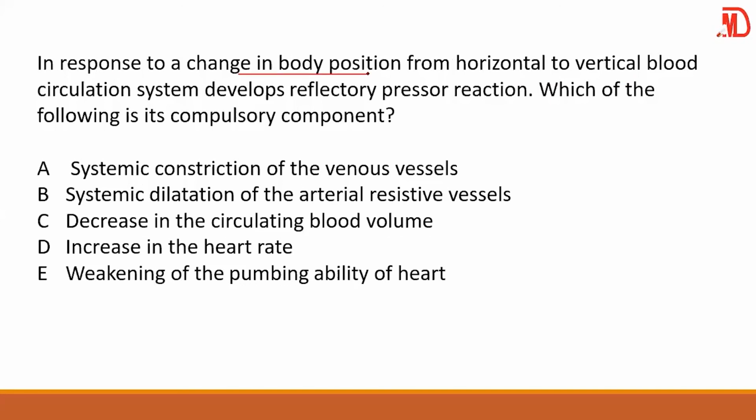In response to change in body position from horizontal to vertical, the blood circulation system develops a reflectory pressure reaction. Which of the following is its compulsory component? So first of all, from the horizontal, that is lying down position, to a vertical position quickly will make all the blood volume flow towards the lower extremity, because suddenly you just rose up.